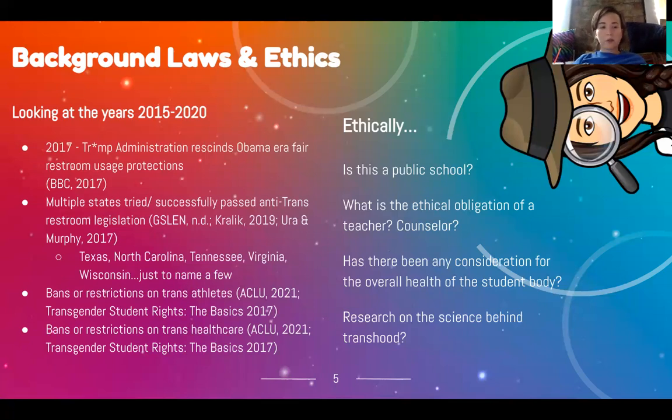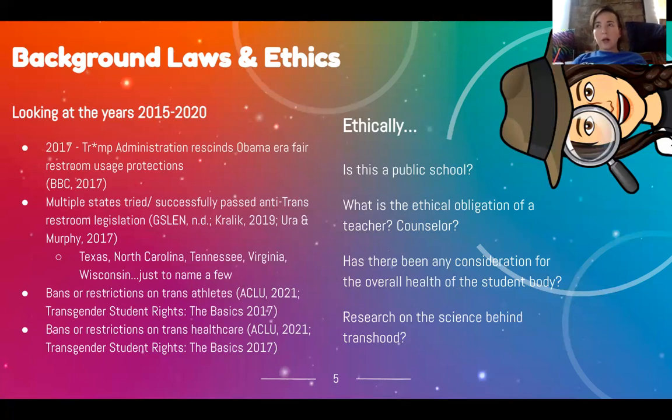And so that's what led me to believe that this was probably a case set during the previous presidential administration, because the previous administration was really adamant on pushing back on trans rights, such as in 2017, the Trump administration rescinded Obama-era fair restroom usage protections, which meant that the traditional bathrooms of male and female were backed up.